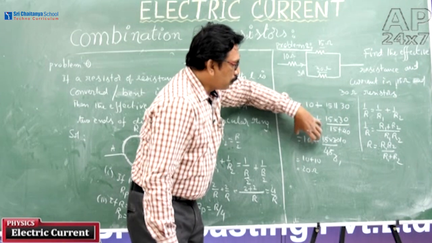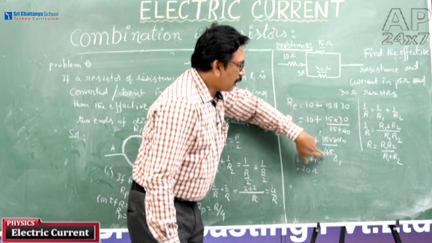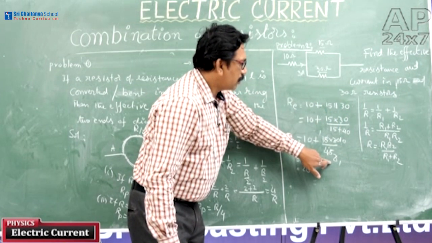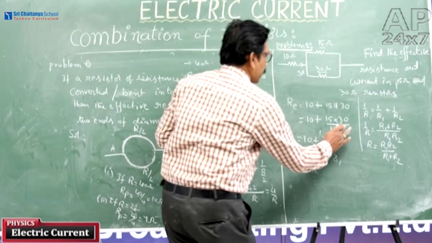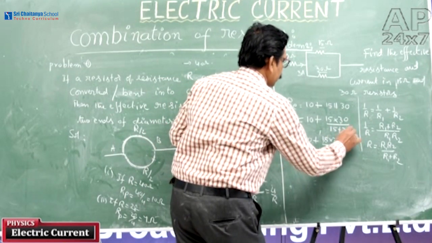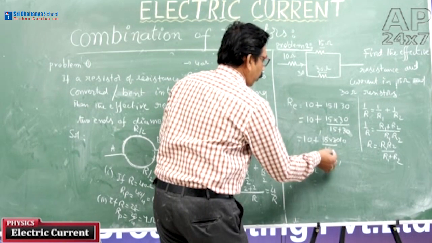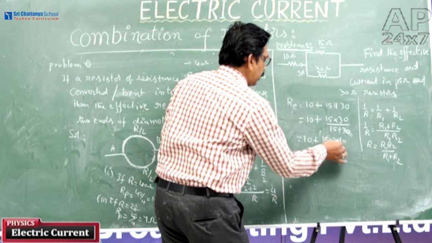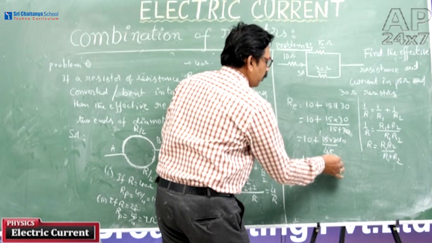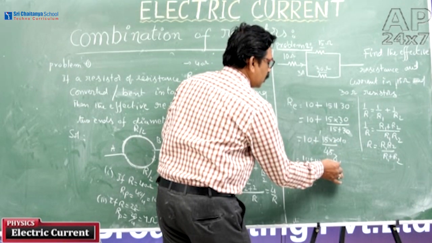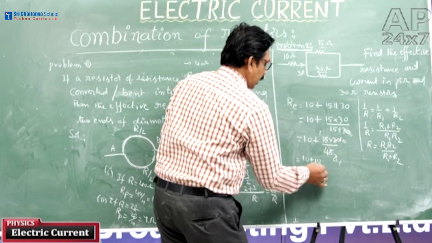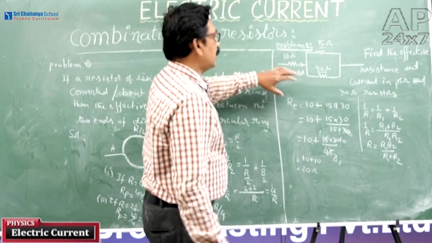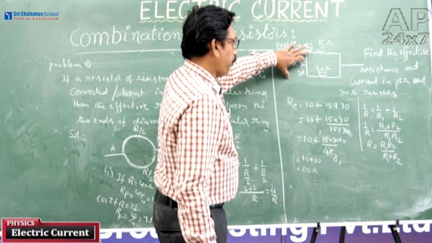This part alone you do. 15 plus 30 is 45. Sorry, it is 30, 45. So, in this case, 10 plus 15 into 30 divided by 45, 15 table, 15 ones and 15 threes, 3 ones, 3 tens. So answer is 20 ohms. This is the effective resistance of this combination.